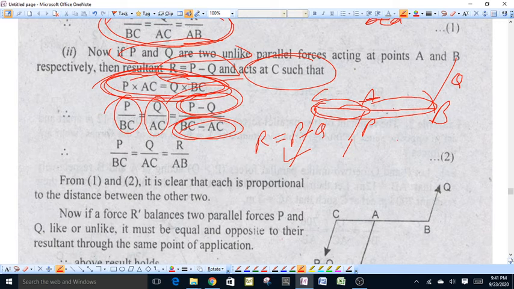Therefore, P upon BC is equal to Q upon AC is equal to R upon AB, or we can say P upon the distance between the other two, that is BC, Q upon the distance between the other two, that is between P and R, AC, and R upon the distance between the other two, P and Q, that is AB. These three ratios are equal.